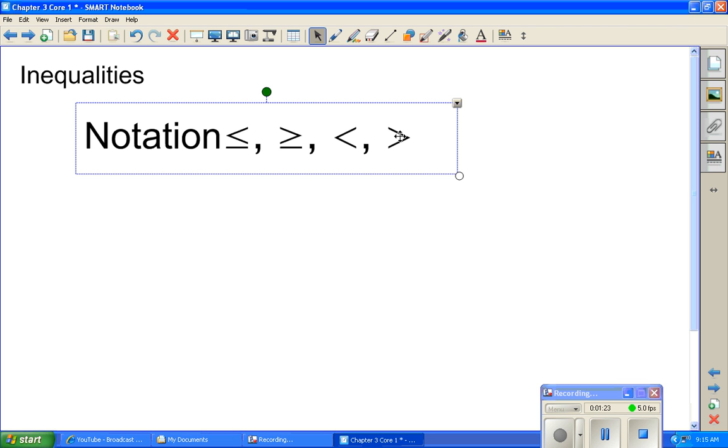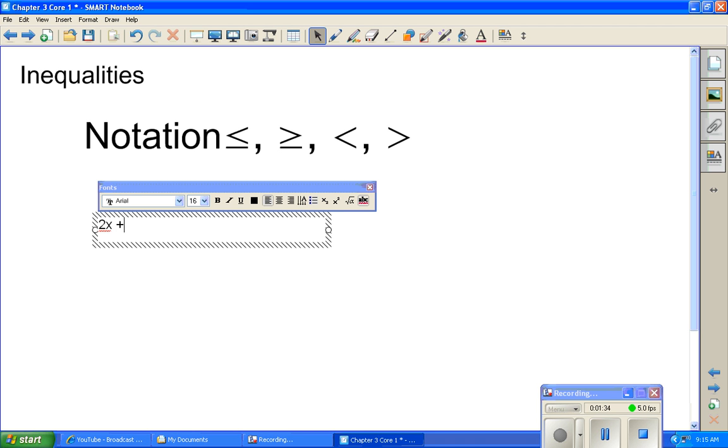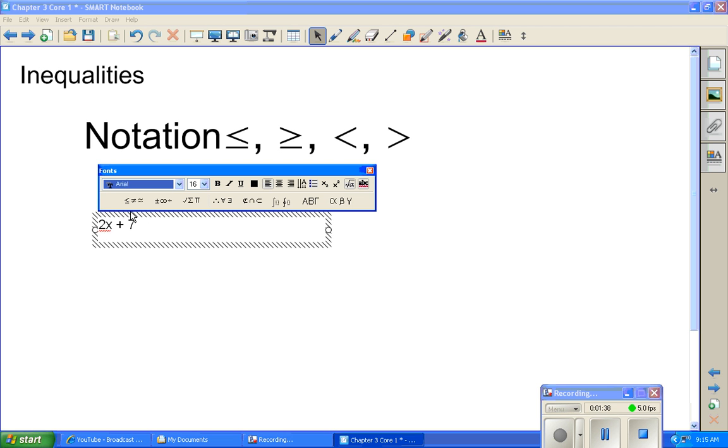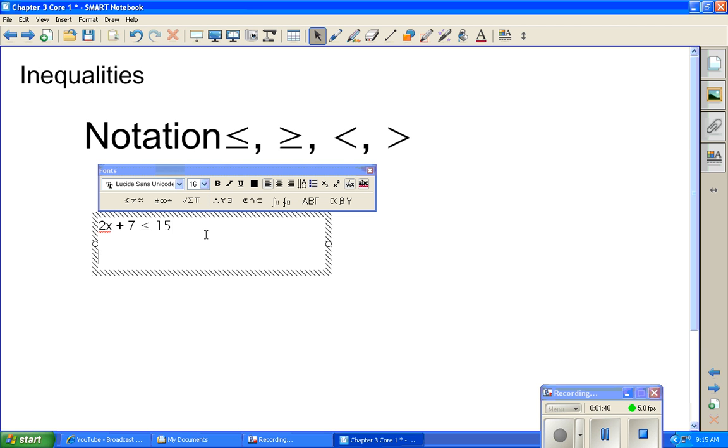Why do we use inequalities? We use inequalities because they give us a range of answers rather than a single answer. So for example, if I start off with 2x plus 7, now instead of having equals, I say that it's less than or equal to, let's make it 15. Then I need to solve this like it was a normal equation.